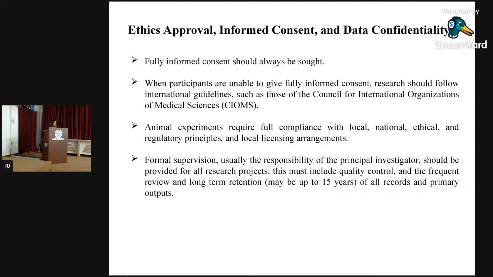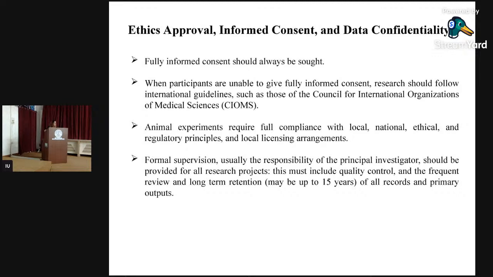But when you design your work, the guidelines to be followed will depend upon the research problem that you are addressing. For example, somebody working in cyber security needs to follow the guidelines for cyber security, right? If somebody is working in bioethics, they need to follow the guidelines of ICMR.